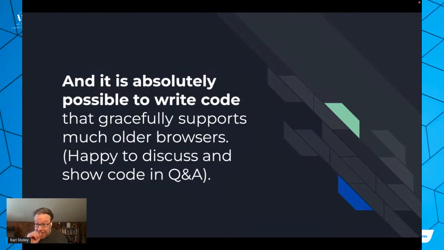The good news is that even with that sort of mixed record of browsers in circulation, it is absolutely possible to write code that gracefully supports much older browsers. So I'm a huge proponent of progressive enhancement.